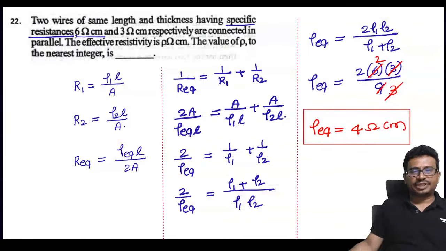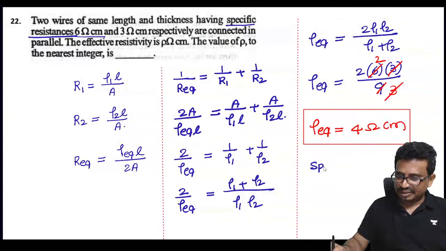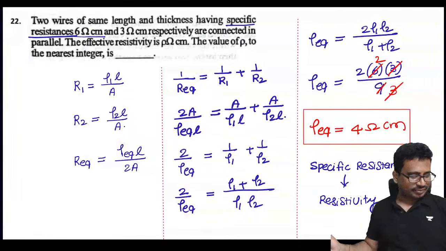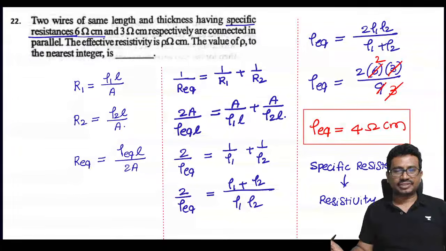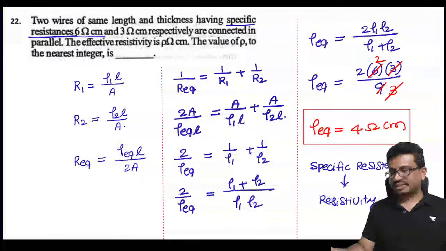Resistivity is in ohm into centimeter. Here specific resistance means resistivity. Specific resistance is nothing but resistivity, not resistance values. Resistance is different, specific resistance is different.